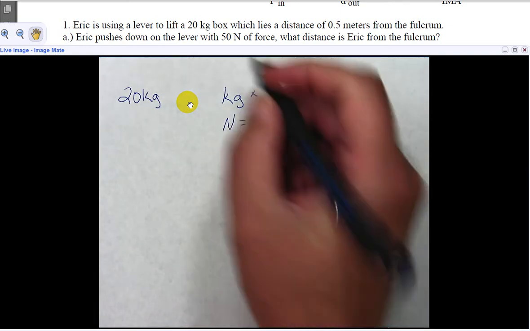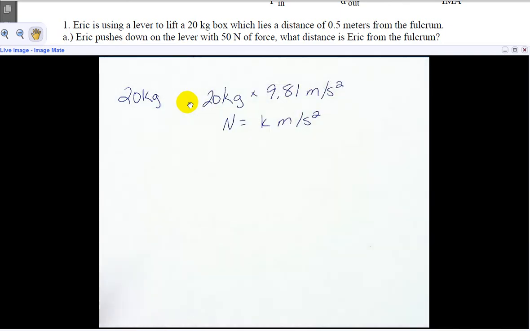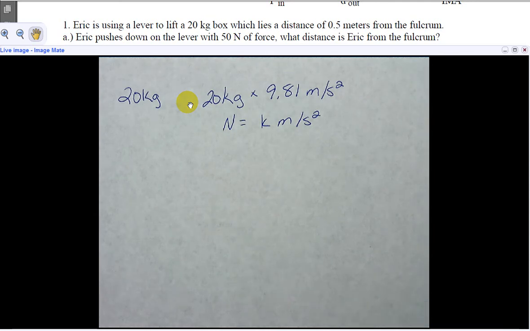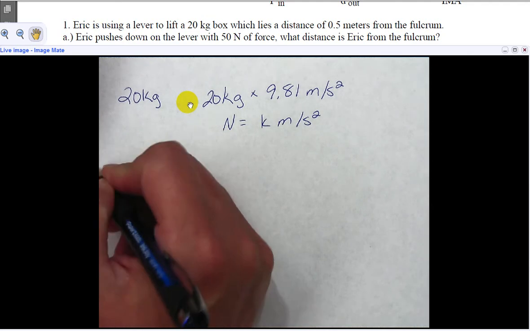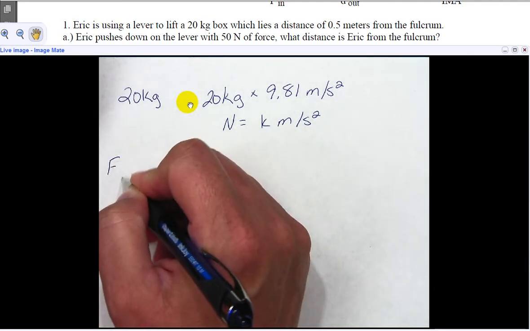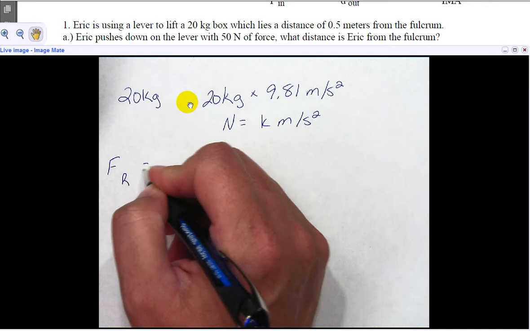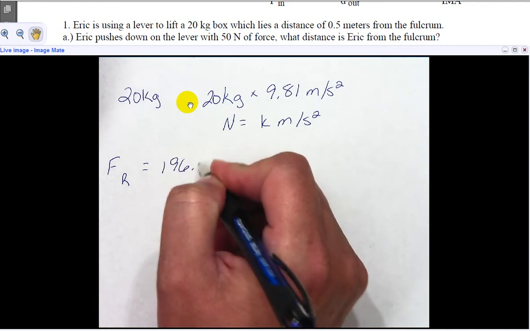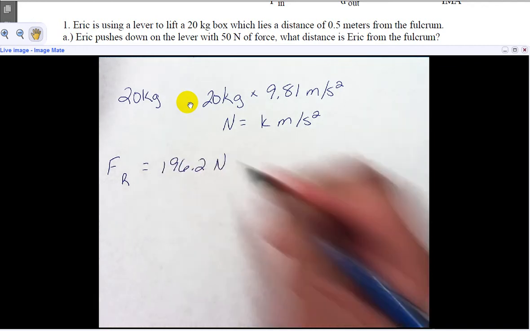So I'm going to say 20 kilograms times 9.81. We'll work that out on your calculator. So that means this box's force, which is going to be my resistance, is equal to 196.2 newtons.